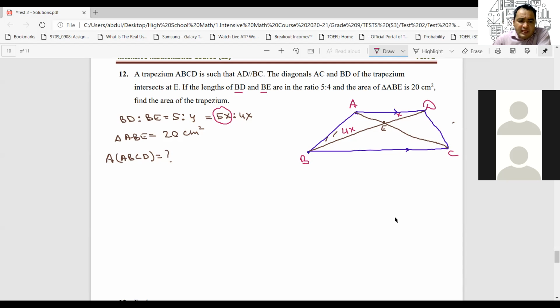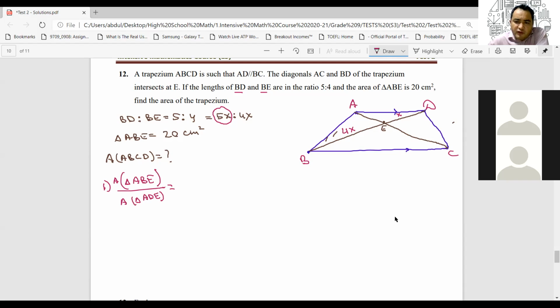We know the area of ABE, right? Now my first step is to look at the area of ABE to the area of triangle ADE, using this formula.